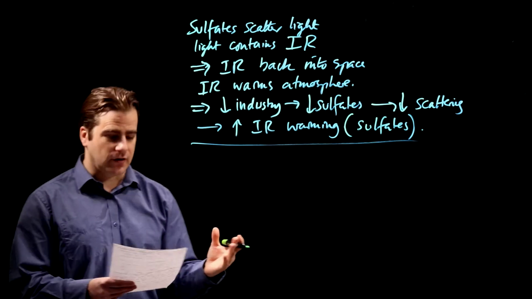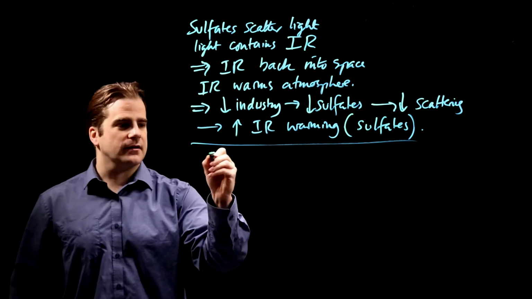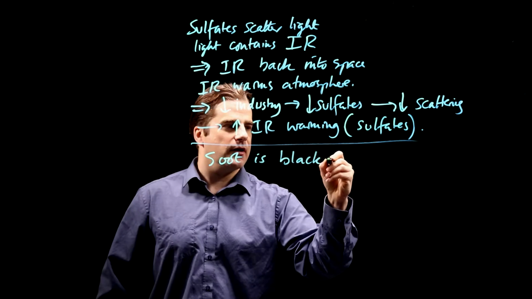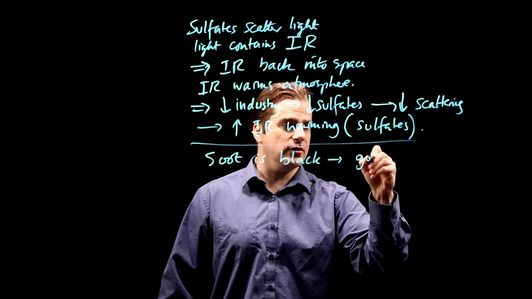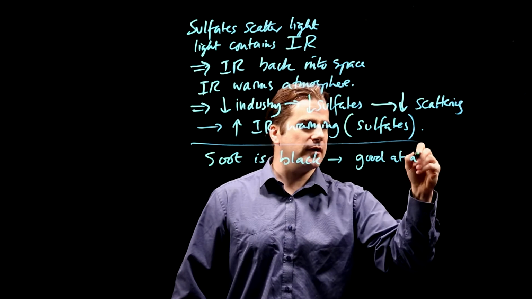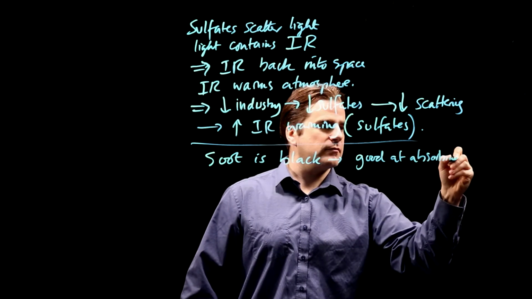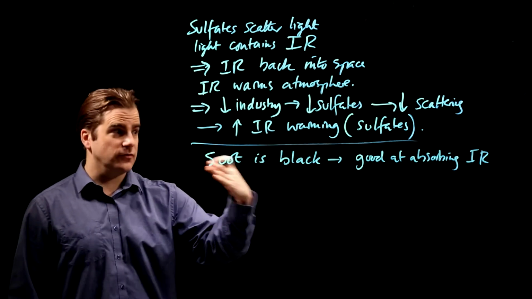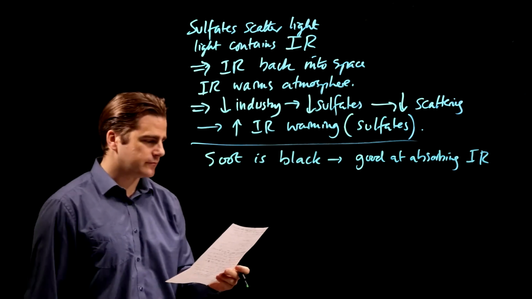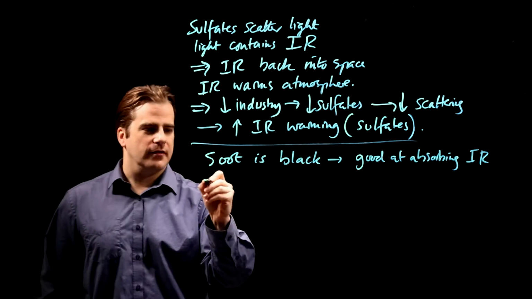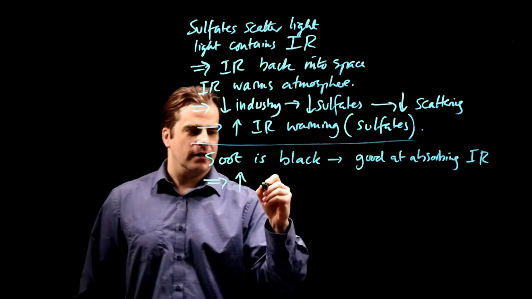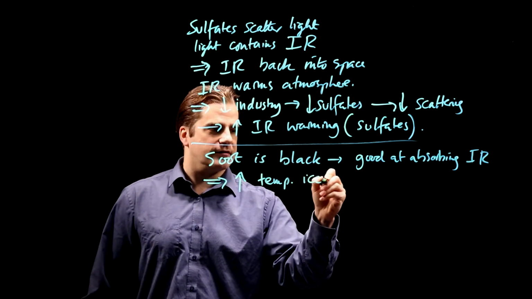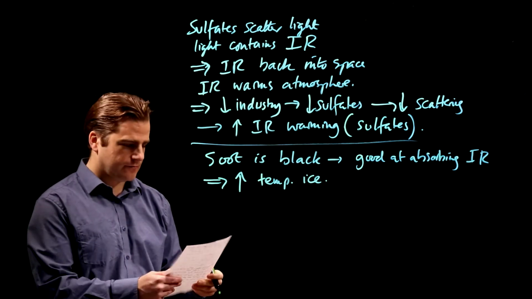Okay, so that's sulfates dealt with. Right, same thing with soot. Okay, soot is black, and black objects are good at absorbing infrared radiation. Okay, use your knowledge. Tell the examiner what you know. Okay, then say the obvious. Therefore, this will lead to an increase in the temperature of the ice, because the soot is on the ice.